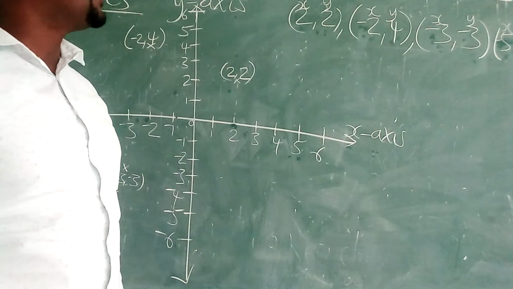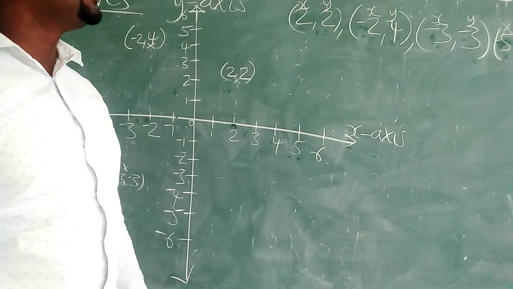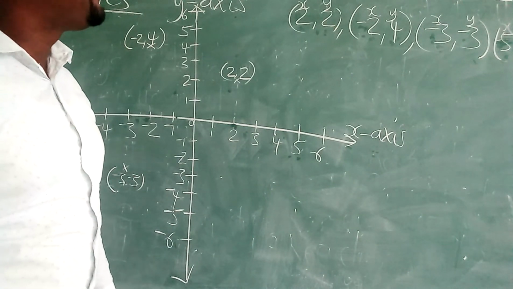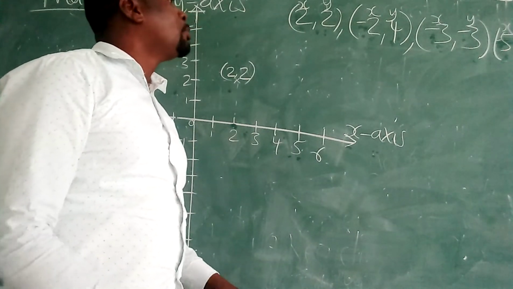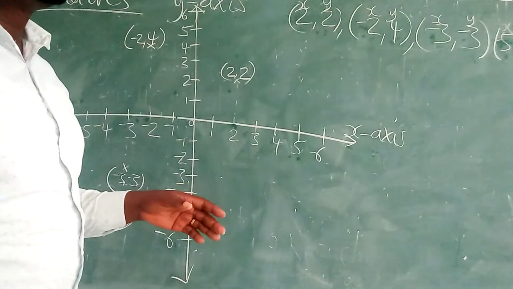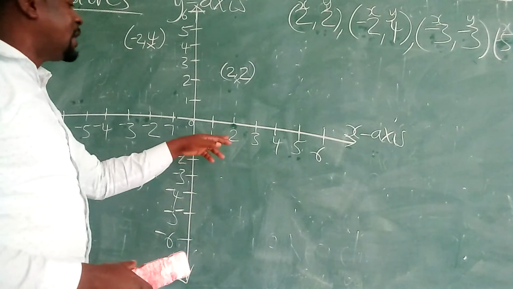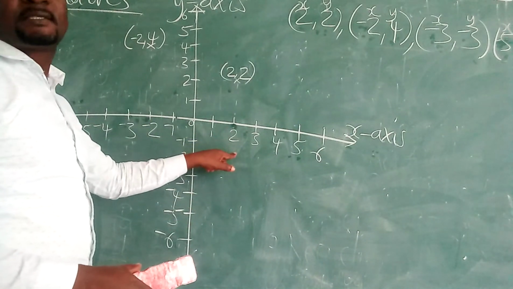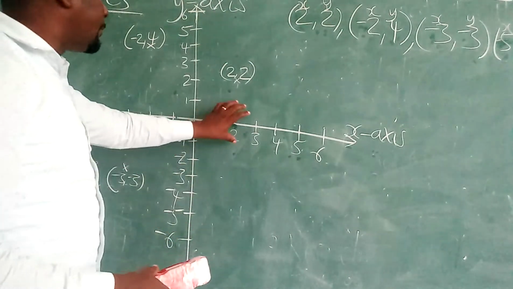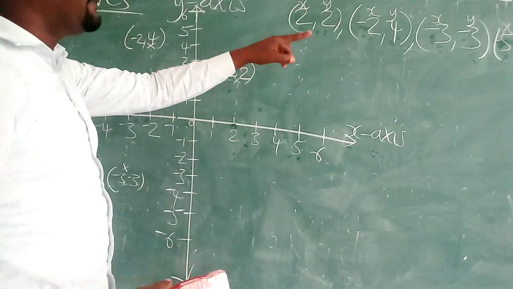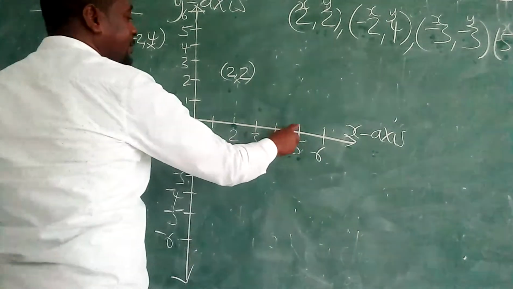The next coordinate is what? Positive 5 and then negative 4. Now, the first number is found on the what? X-axis. So if the first number is 5, then we have the positive side and the negative side, and the number is positive, so the 5 is here.